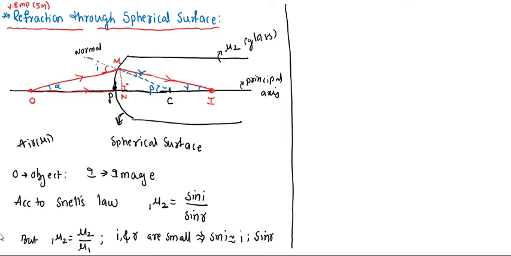Then in the above equation, 1nu2 becomes nu2 by nu1, sin I we write as I, and sin R we write as R. Then we have to do cross multiplication. Then nu1 into I is equal to nu2 into R, where I is the angle of incidence and R is the angle of refraction.